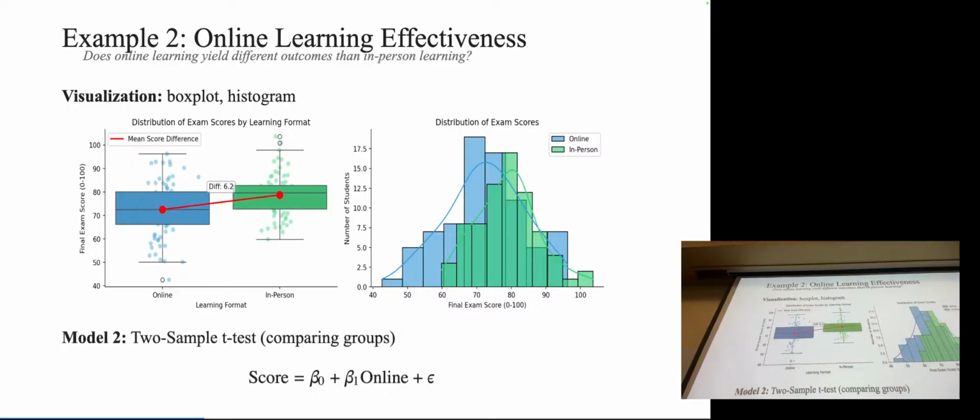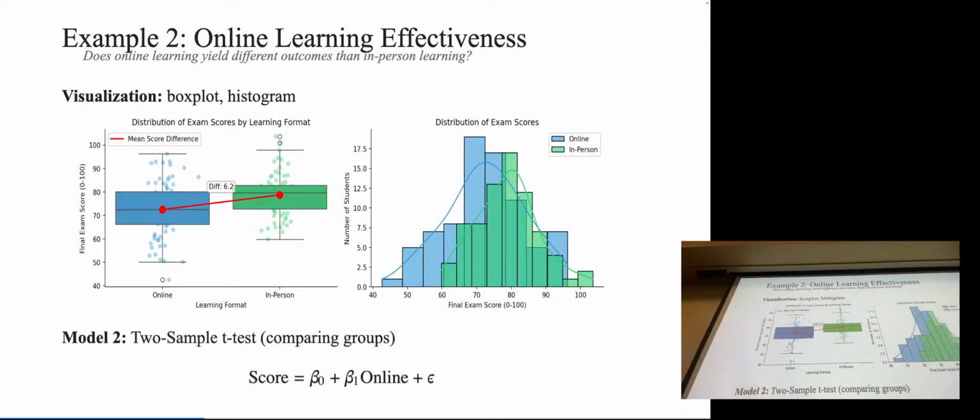We have our beta 0, which captures the baseline test score for the group that's coded as 0 in online. So if online is 1 for online learning and 0 for in-person learning, then beta 0 captures the average test score for the group that's in person.